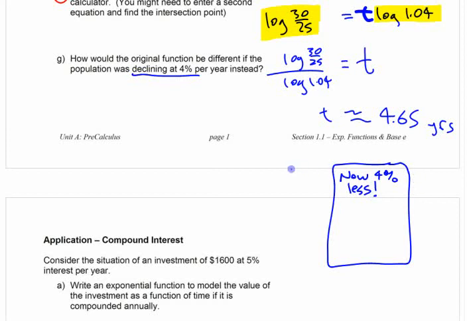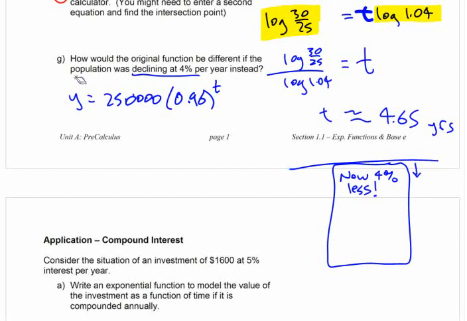If you had the original size, but now you're not adding on, you are taking off, what percent are you going to have left every year? 96, right? So your function's going to look like 250,000 times 0.96, right? It's whatever percentage is left at the end. You start with 100%, you lose 4% every year. It's that. Every year you're multiplying by 96%.